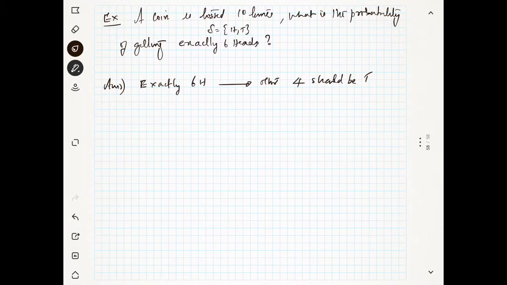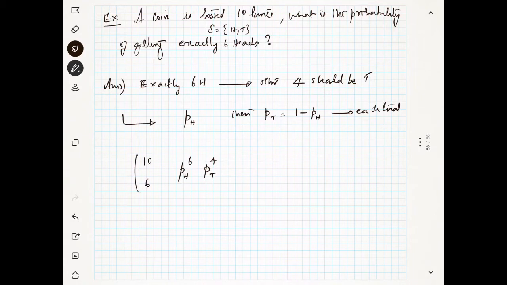If p is the probability of head, then the probability of tail is 1 minus the probability of head in each trial. Now we should get exactly 6 heads, and all the others are tails, that is 4. This can happen in 10 choose 6 different ways, since there are 10 tosses and you need 6 heads.